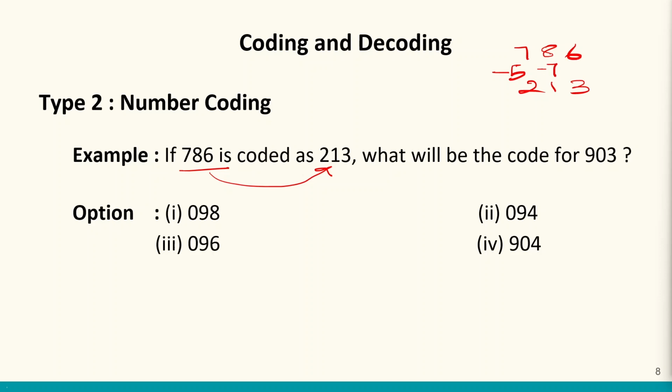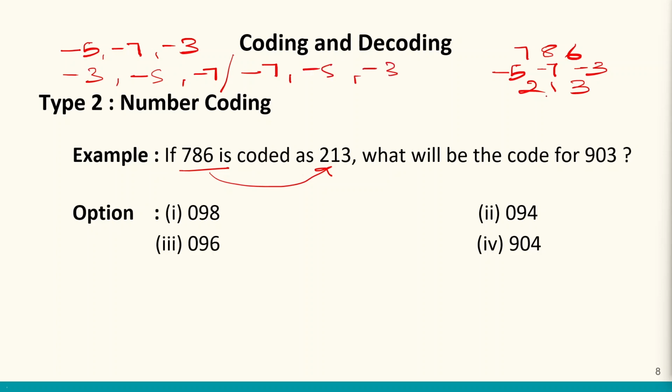If I subtract 7 from 8, I'll get 1. And if I subtract 3 from 6, I'll get 3. But then again, this does not follow a logical sequence. Maybe if it would have been -3, -5, and -7, it would be logical. Or if it was -7, -5, -3, it would be logical.